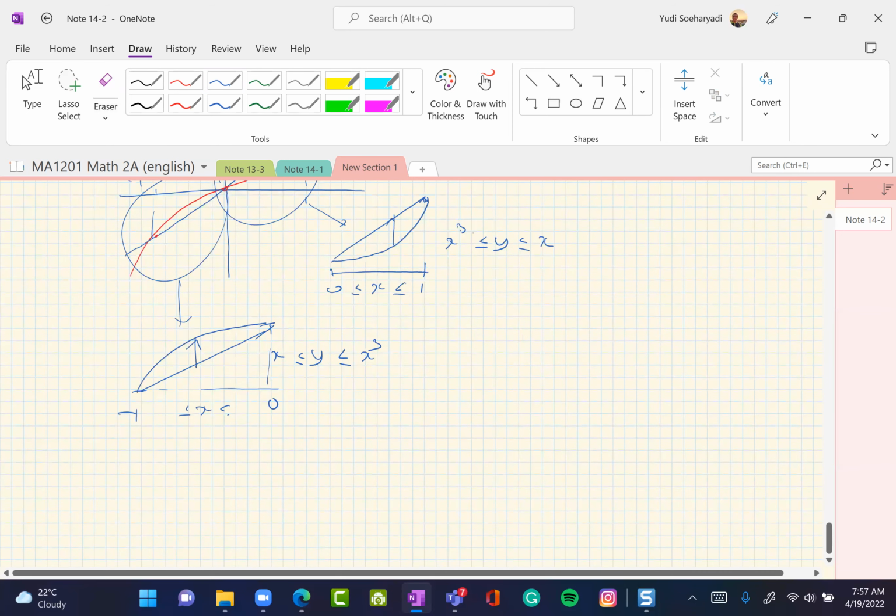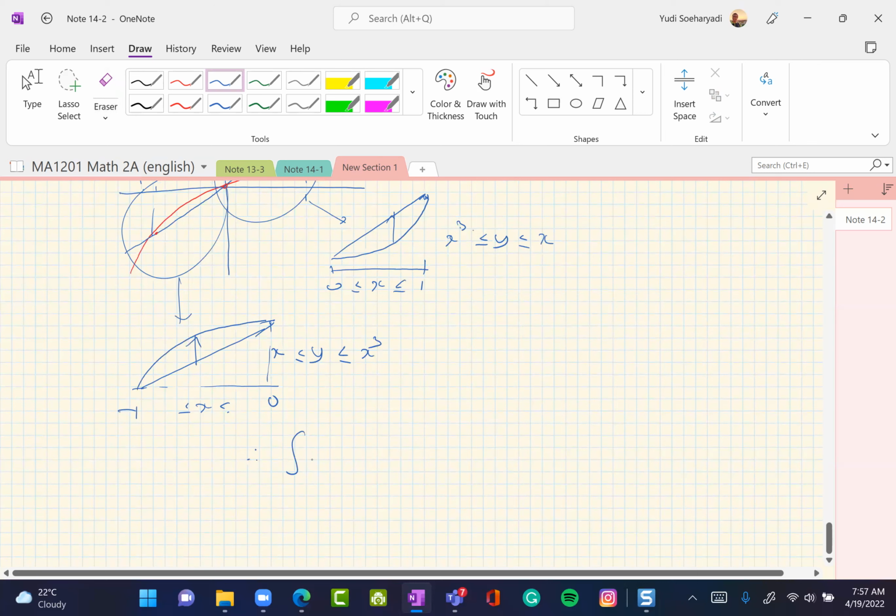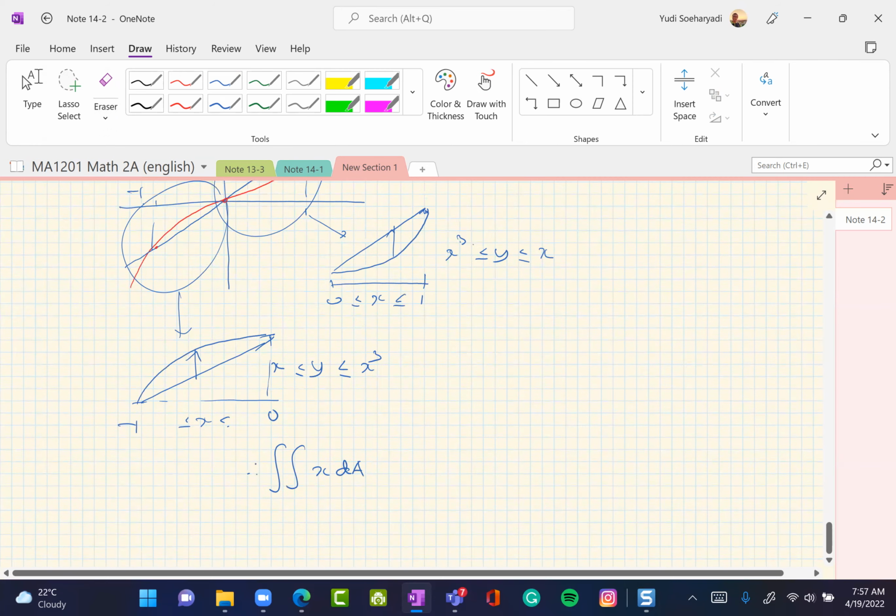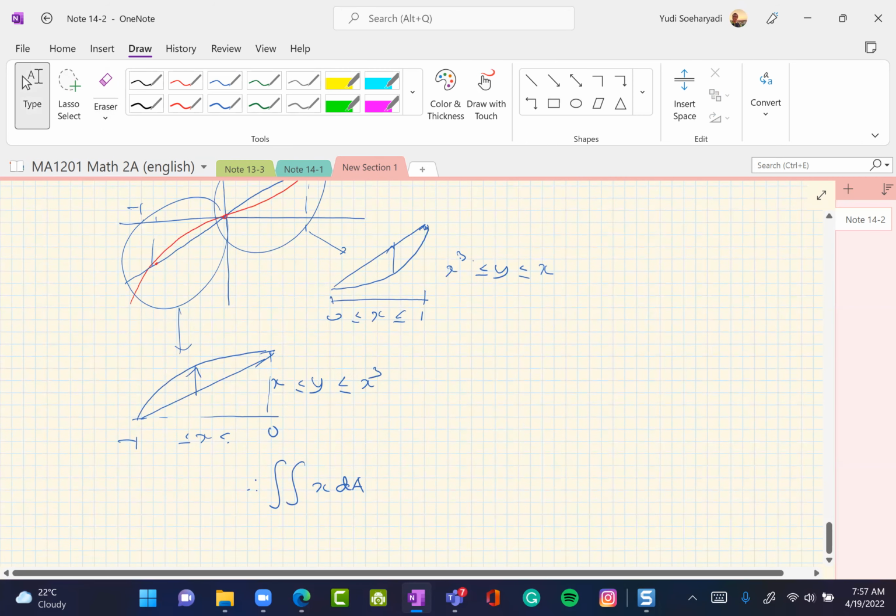So then the integral now, we need to find two areas.